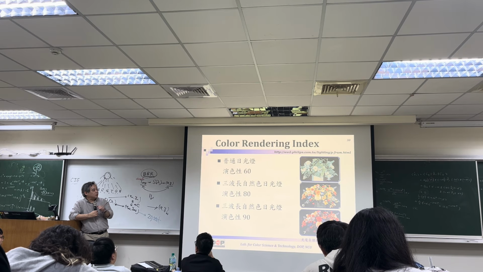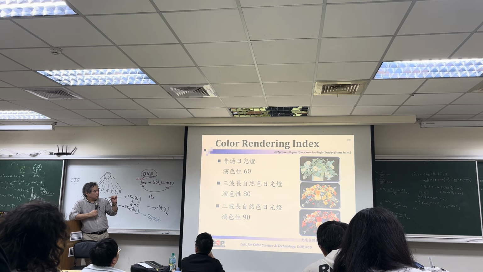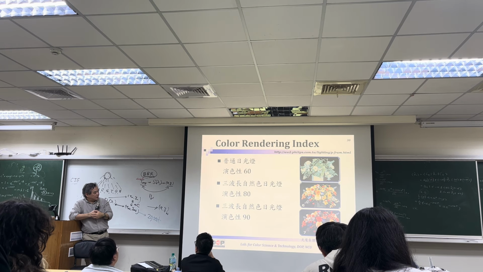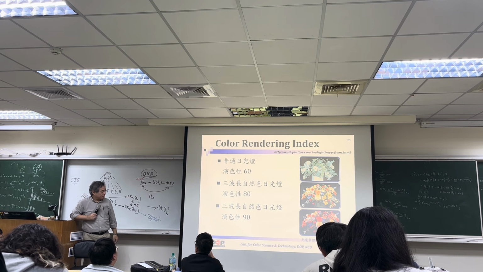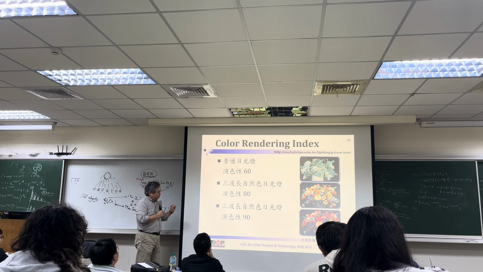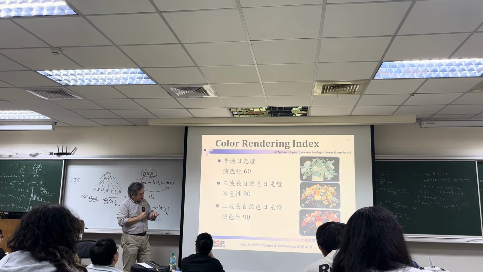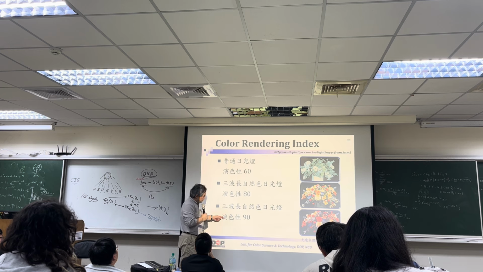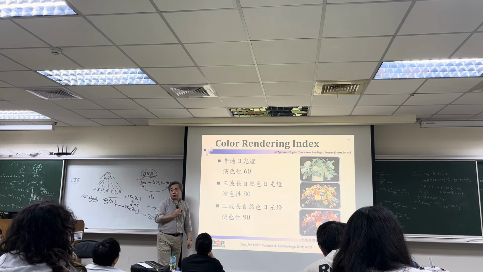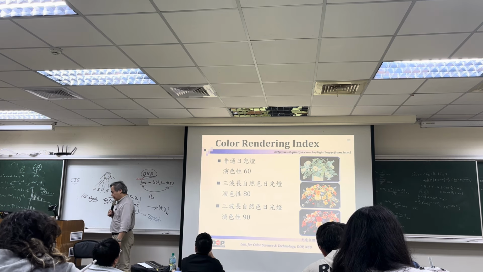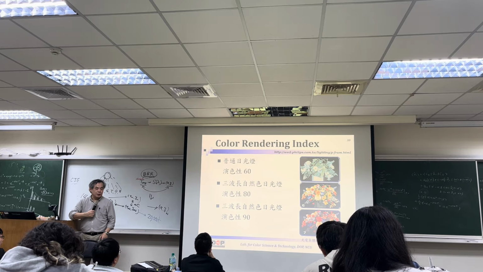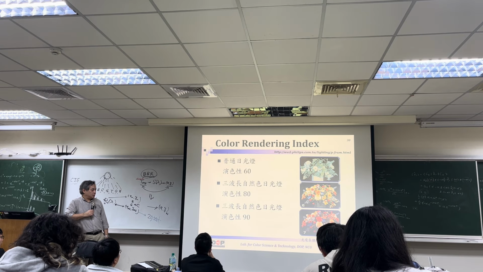With this kind of construction, we can easily get a CRI higher than 75. And if you have a good design of the phosphor, it is easy to get a CRI of 95, 98, but actually you will pay more effort and higher cost.